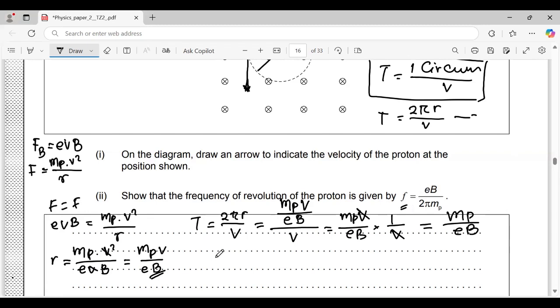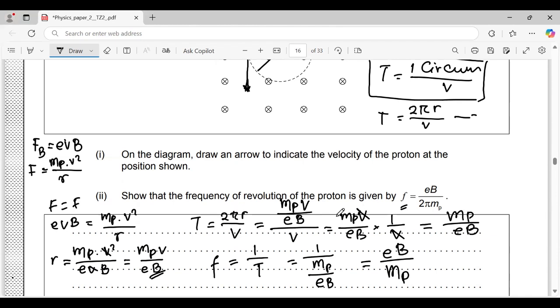To find frequency, f equals 1 over T. So it becomes 1 over this fraction, or eB over m. Now prove that f equals eB over 2 pi m.